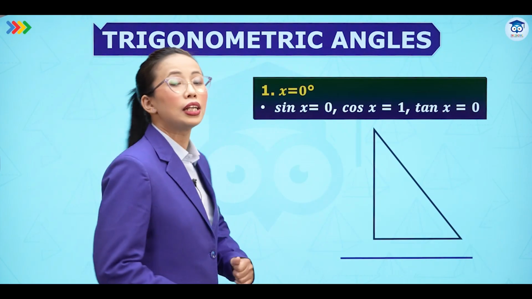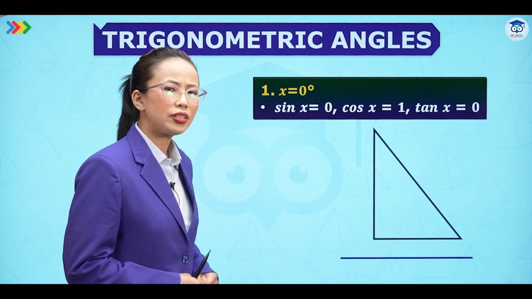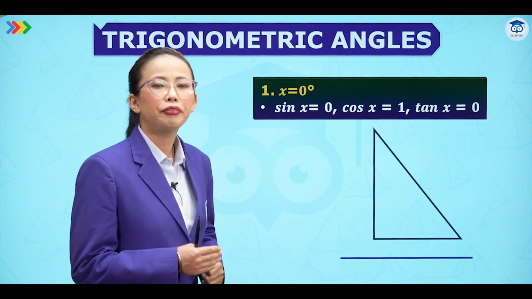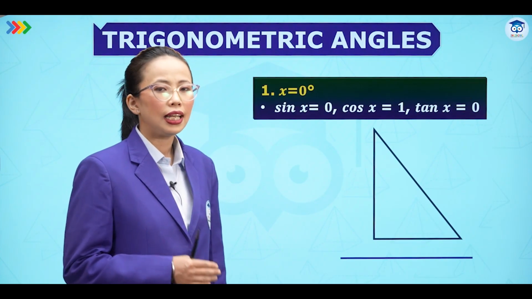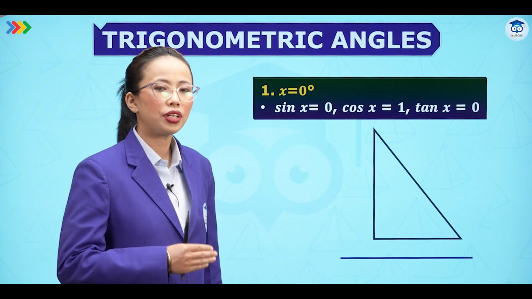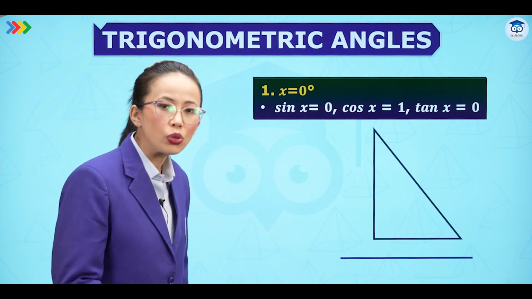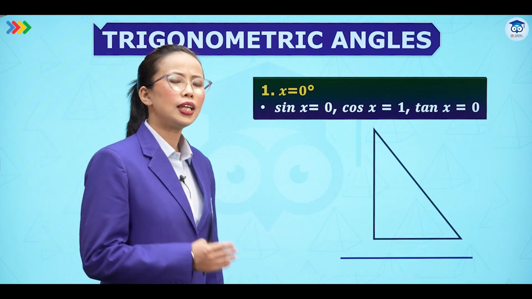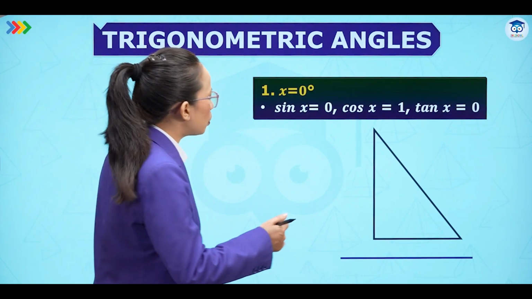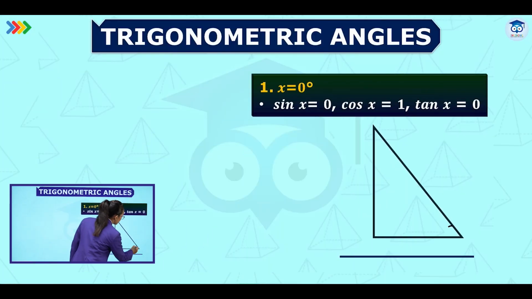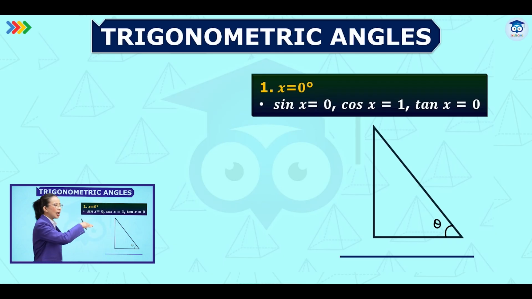Now, let us understand the trigonometric ratio of a few standard angles like 0, 30, 45, 60 and 90. So first we have the zero angle. To define the zero angle, suppose we consider this angle theta, and let's make it zero. How to make this zero?